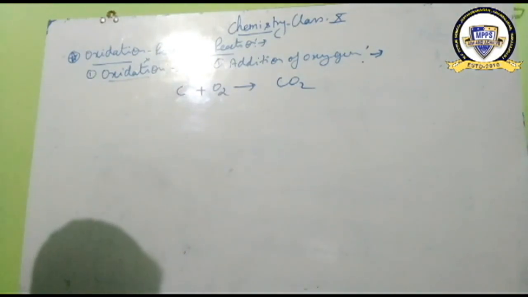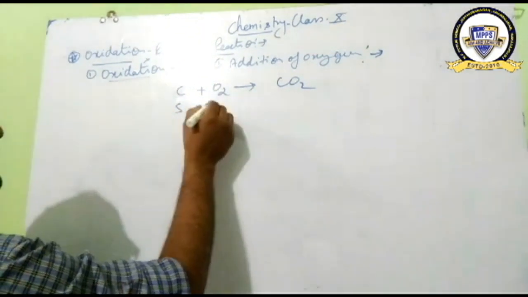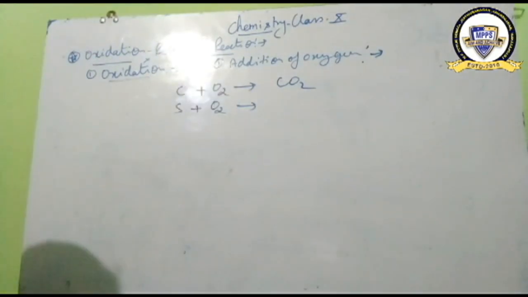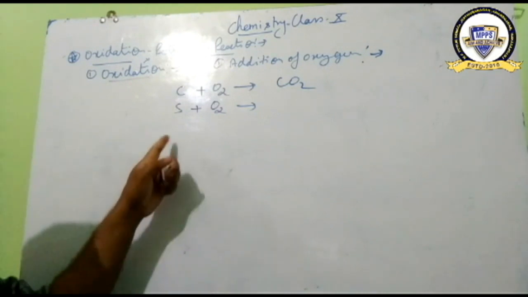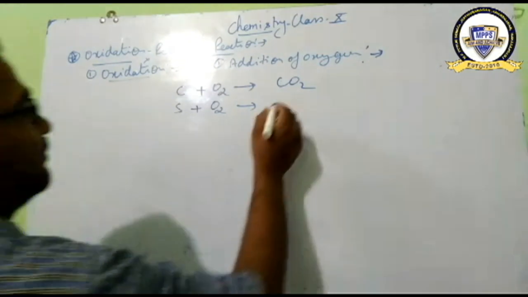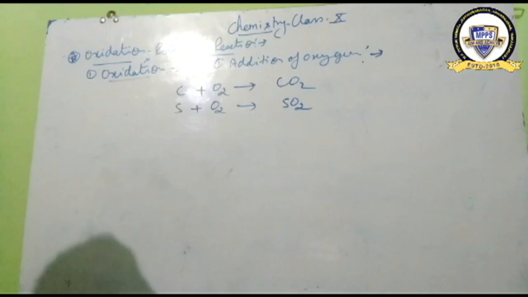The next example is burning of sulfur. Sulfur comes in contact with oxygen because oxygen supports the burning process. When sulfur comes in contact with oxygen, it forms the compound SO2, sulfur dioxide.